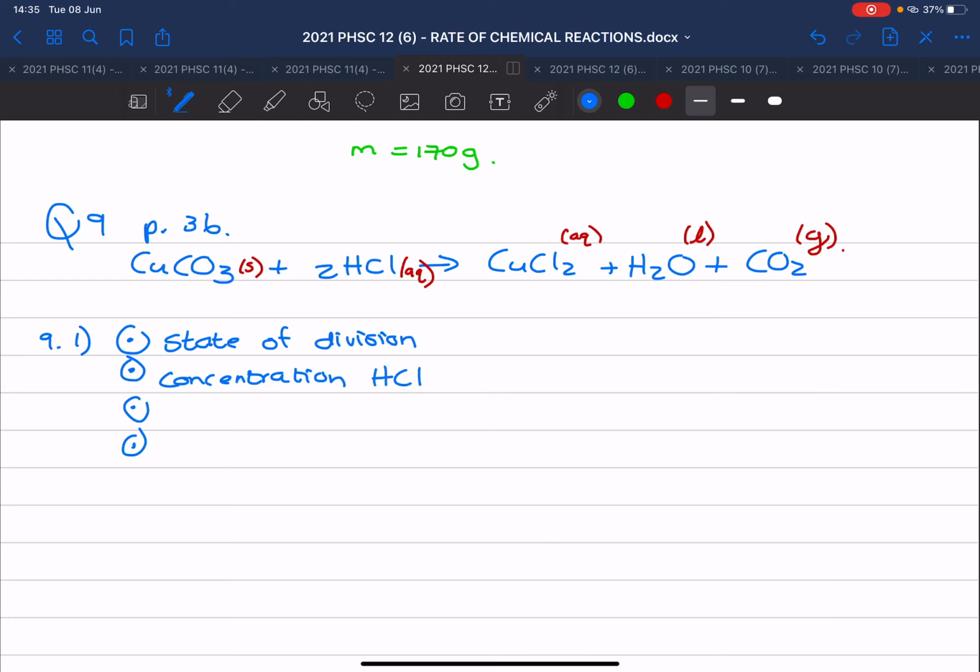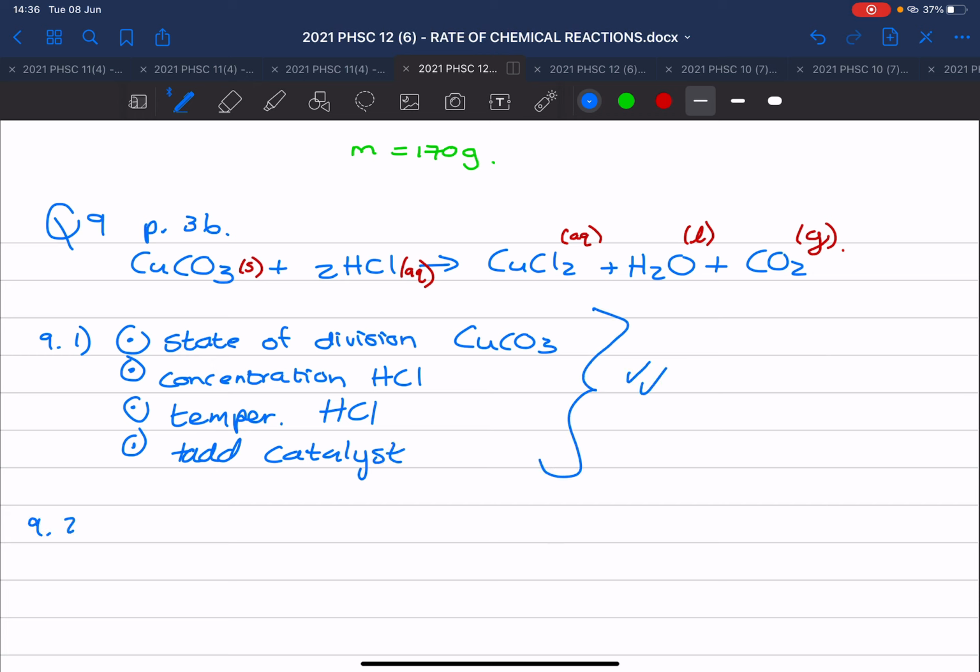The state of division is for the copper carbonate. Then the next thing is the temperature that we can change. We can't change the temperature of a solid, but we can change the temperature of the solution. And the last one is we can add a catalyst. Okay, so you'll get a mark for any one of those two.